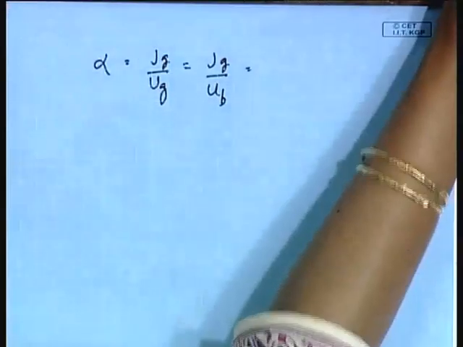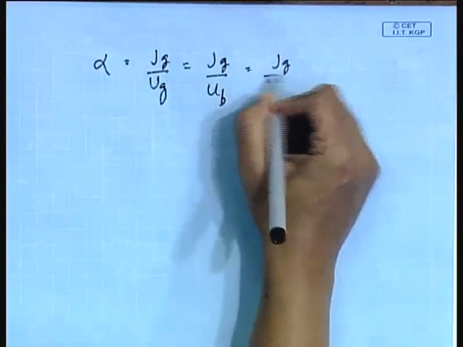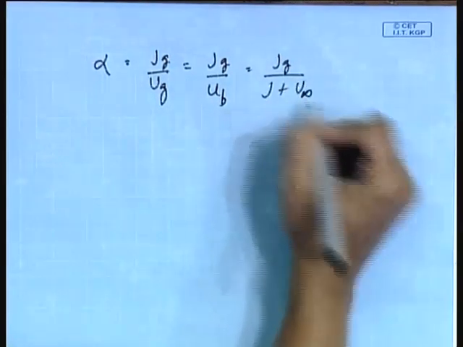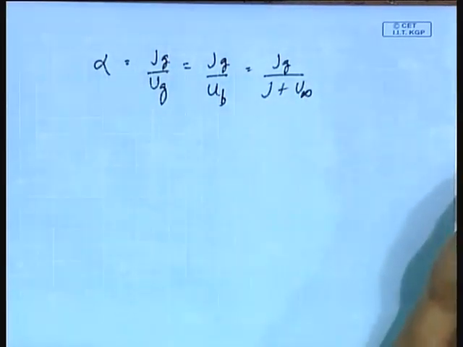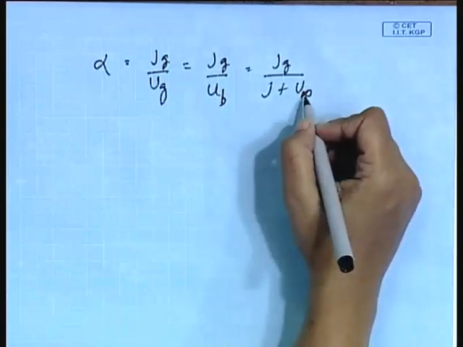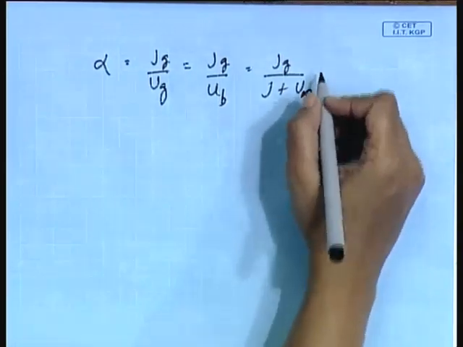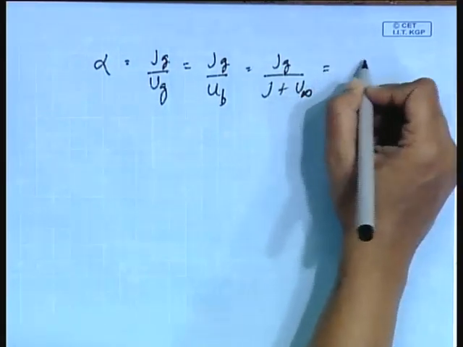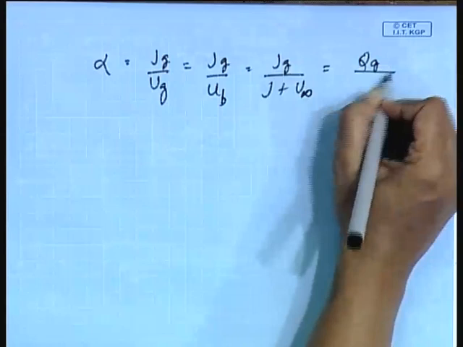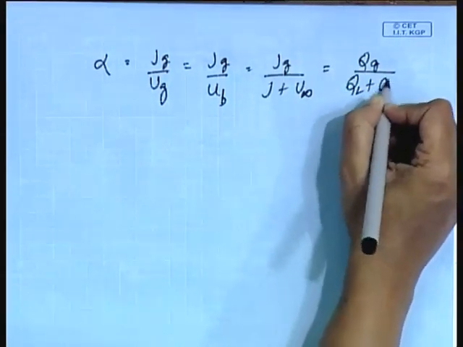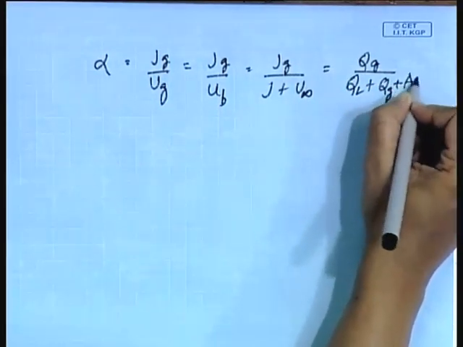So, this is equal to Jg by (J plus U infinity). Agreed? Why? Because UGJ equals U infinity, and it is easy to find out U infinity. Now, in terms of volumetric flow rates, this will simply be equal to Qg by (Ql plus Qg plus A U infinity).